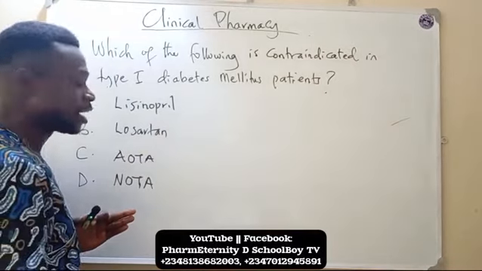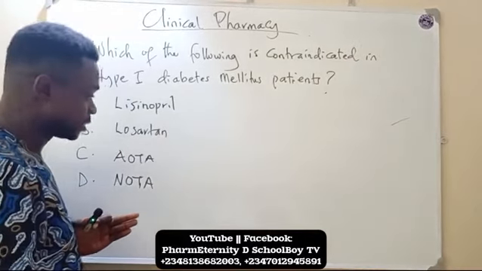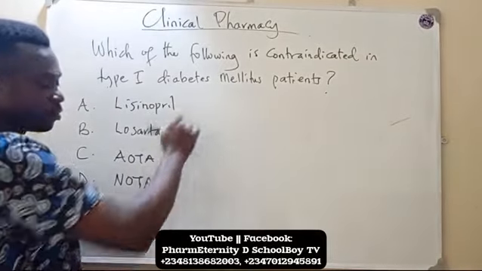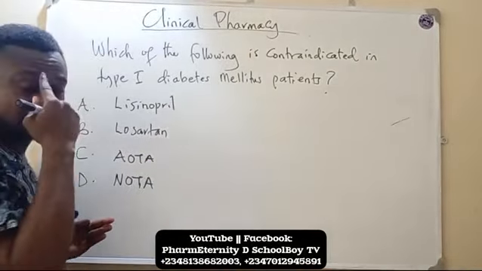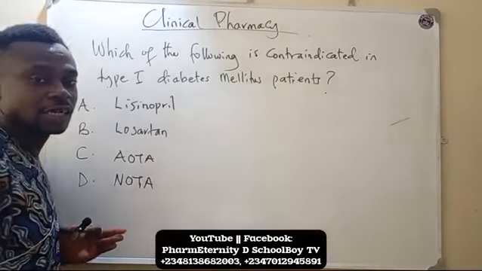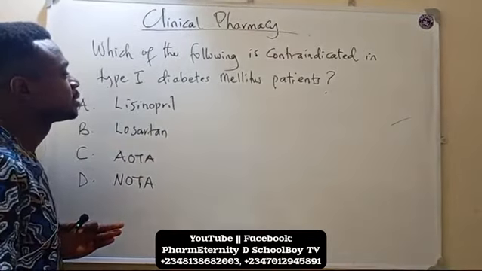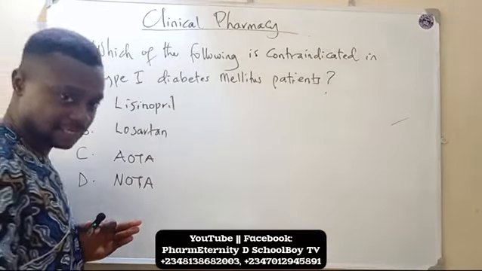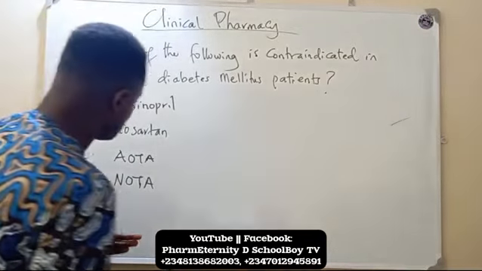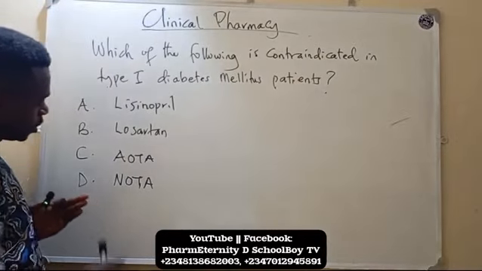The ARBs, angiotensin receptor blockers. So basically, the two of them are the cornerstone, the mainstay in the treatment of hypertension in type 1 diabetes mellitus patients.